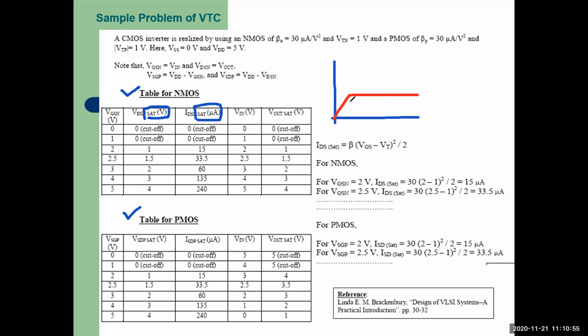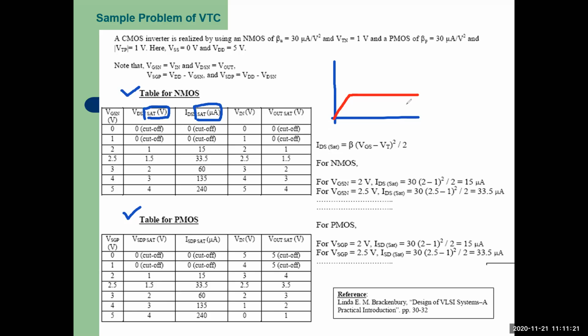Now this part is linear. This part is saturation. Understood? Linear is constantly changing. Saturation is constant. It is not changing. So if I give you one point and one point only, which point do you need to draw the curve?